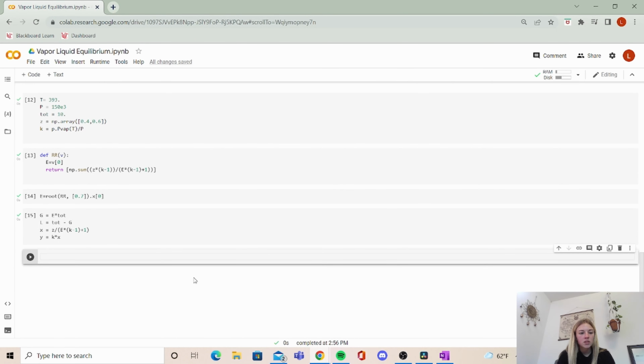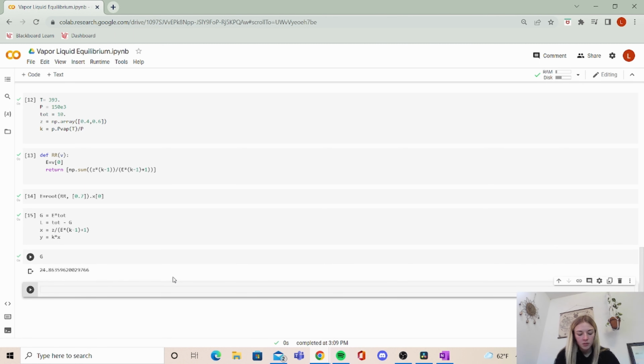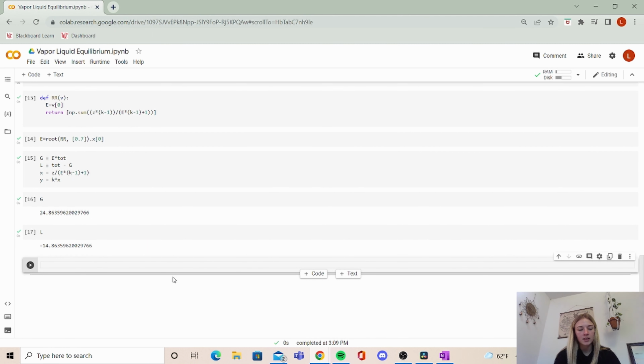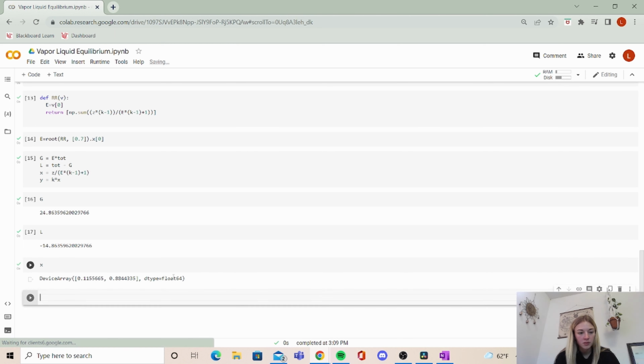So if we want to see what these values are, we have G, which is the flow rate of the vapor phase exiting our flash drum. We have L as the flow rate of our liquid phase exiting the flash drum. We have X, which is our mole fraction of the components in the liquid phase.